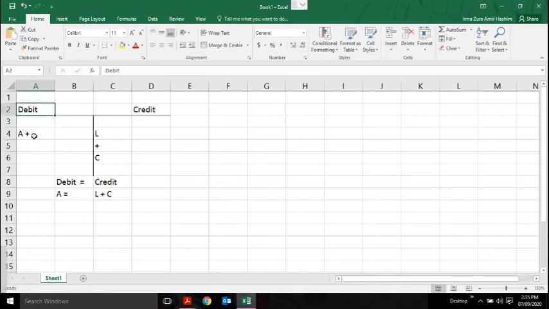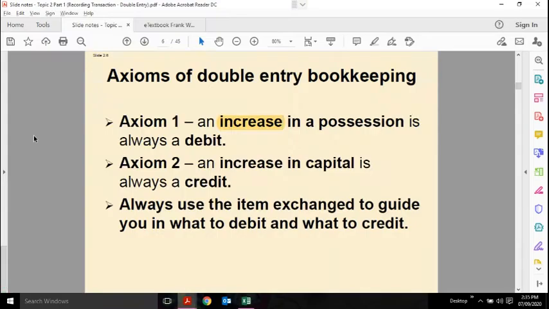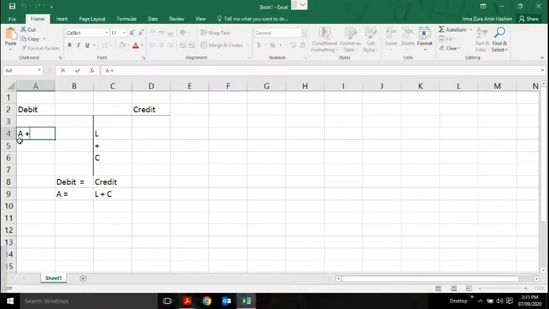Okay, so what if there's a decrease in your possession? Let's say, for example, you sell your van. Just now Diane bought a van. Now Diane sold that van because let's say the van does not fit her purpose.